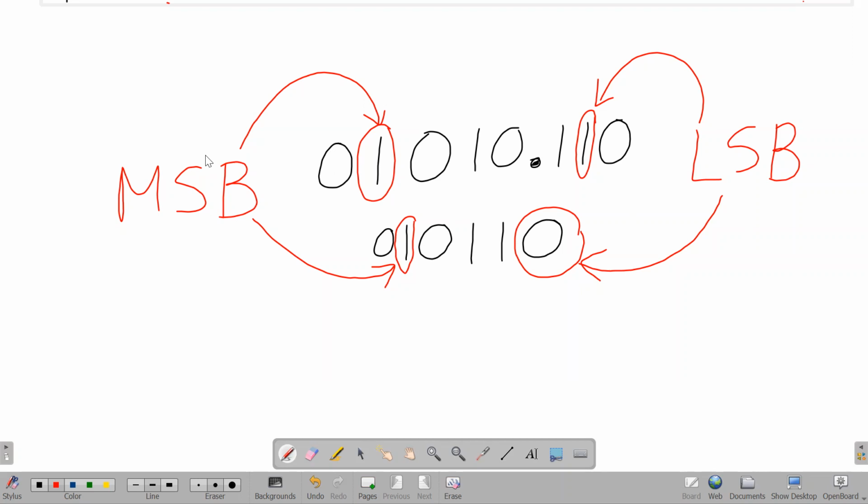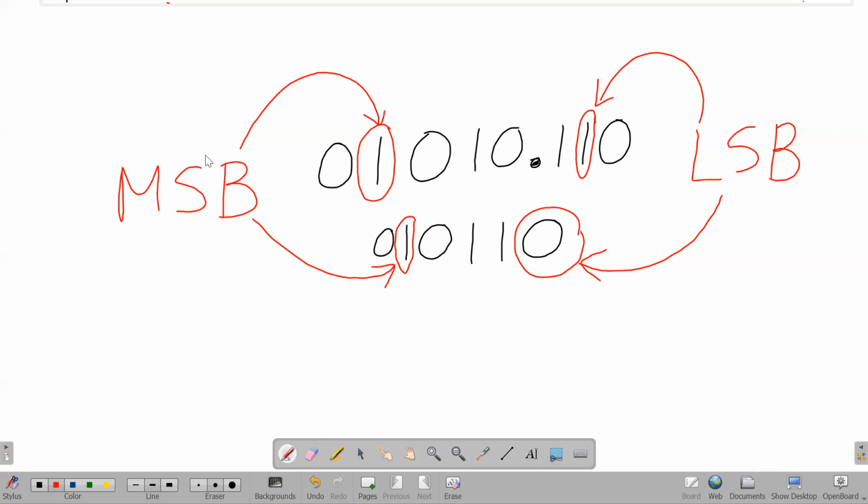So you have pointed 0 in the second one and not in the first one as the least significant bit. Come again, Dua. Come again. Sir, in the second whole number, the least significant bit, is it 0?